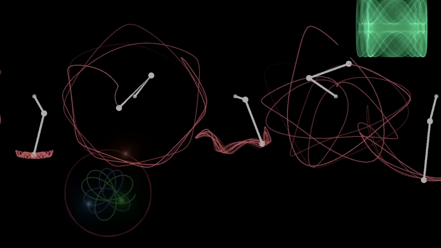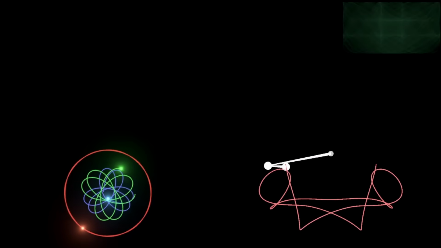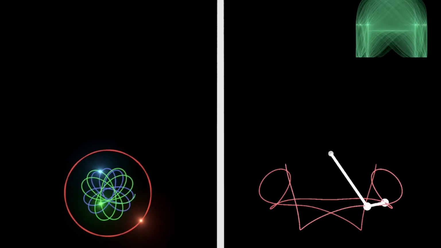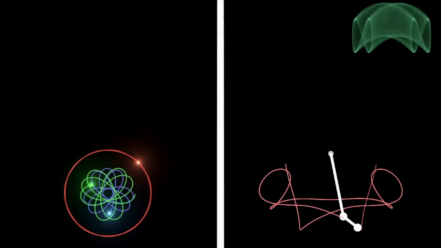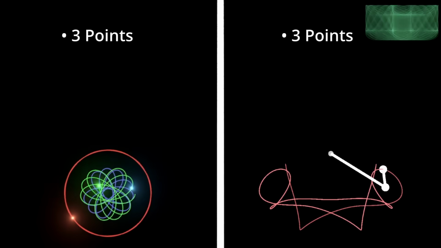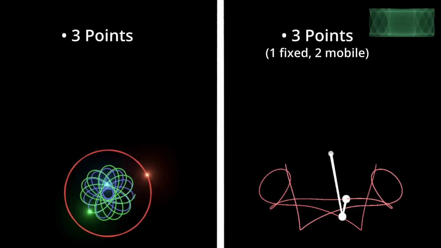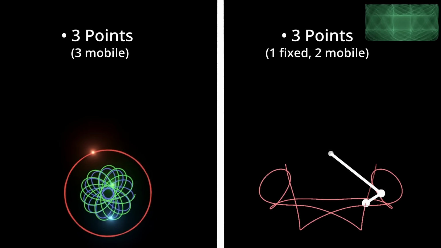Now that we have starting points for both three-body and double pendulums, where can we go from here? Let's take a moment to reflect on the similarities between both systems. Each system consists of 3 points. In the double pendulum, there is one fixed point and 2 mobile points, whereas a three-body system has 3 mobile points.